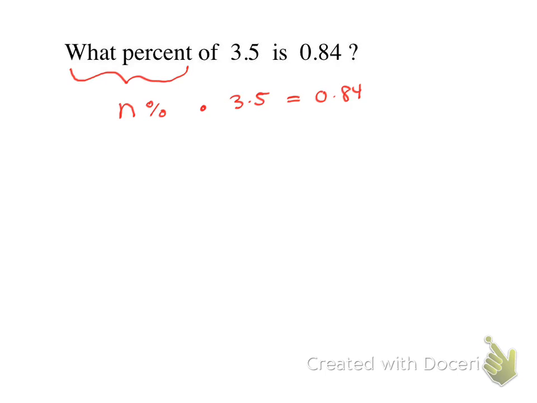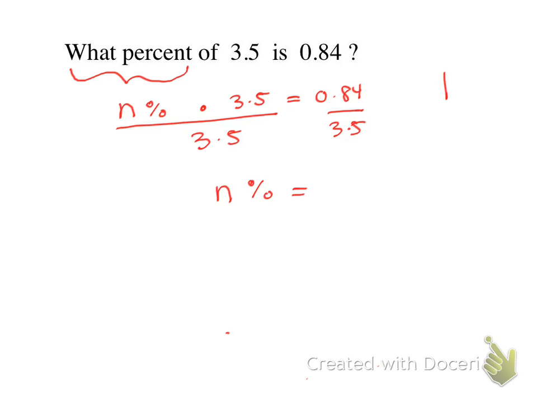And then we want to get the n% alone. Divide by 3 5/10. I'm left with n% equals 0.84 divided by 3 5/10.